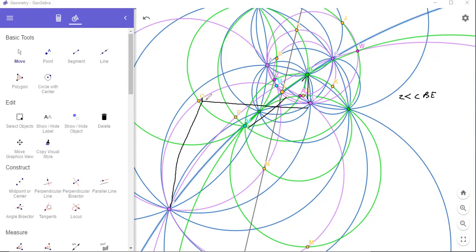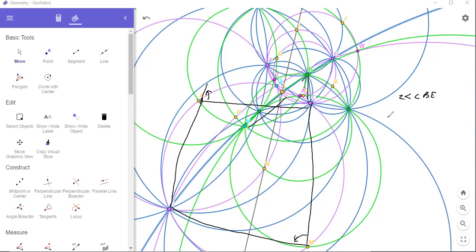C, O, E. So this angle here. Or we could use M. So we could also use M. That gives you this angle here.